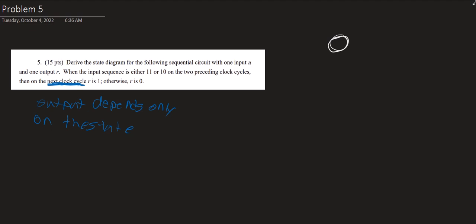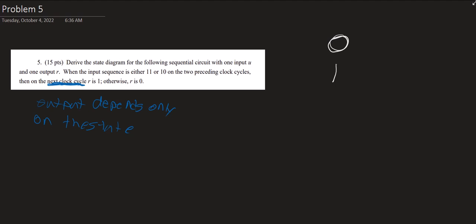Our next state is where we have a single 1. A single 1 has gotten us somewhere, and we don't have an output of 1 yet, but we're on our way.